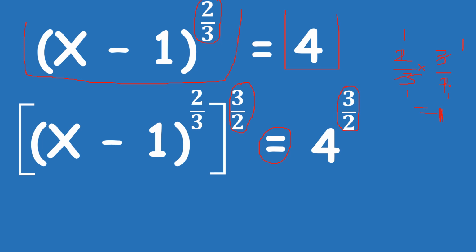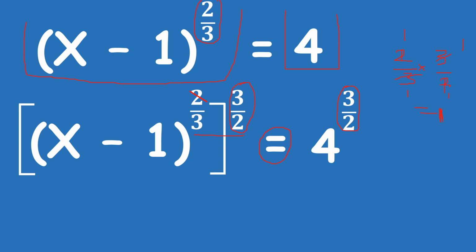Now, the whole objective is to be able to cancel out the fraction here. So when we do that, we know that you can multiply exponents in the law of indices.